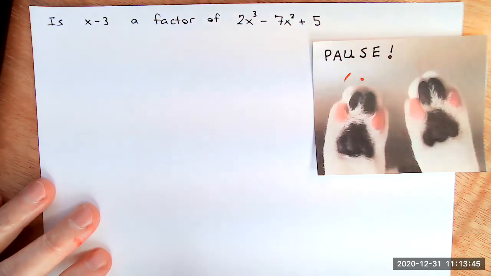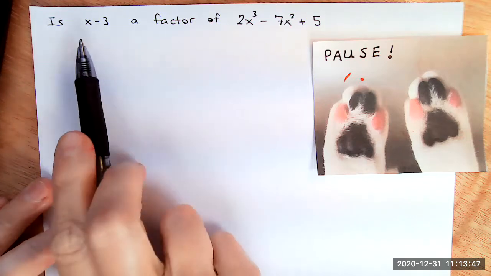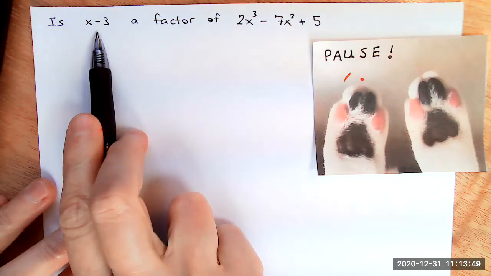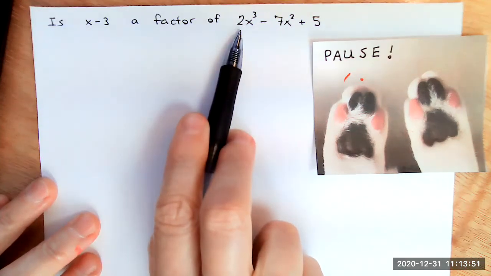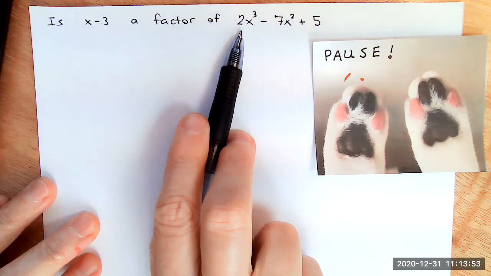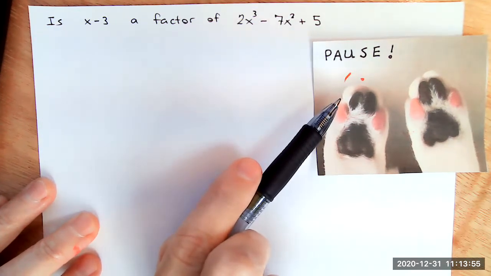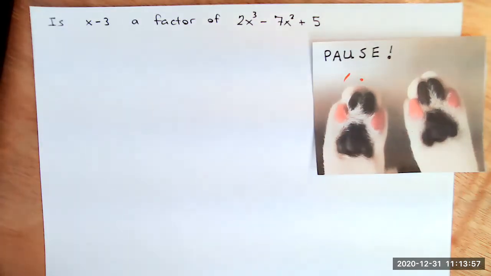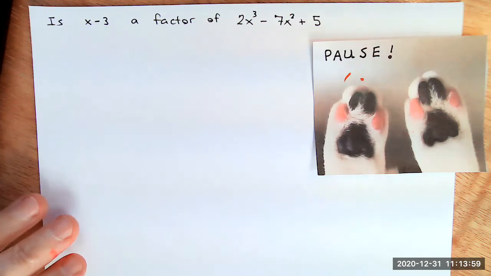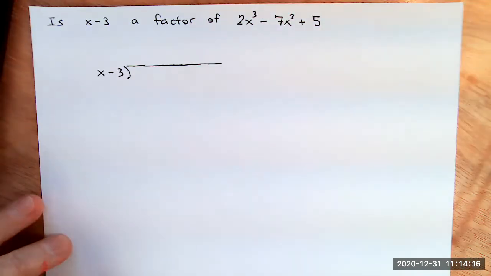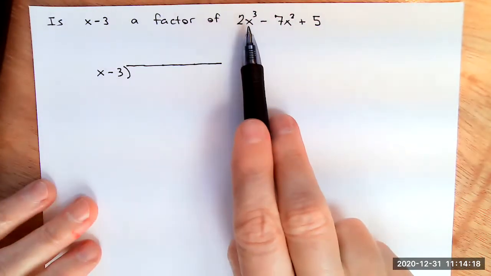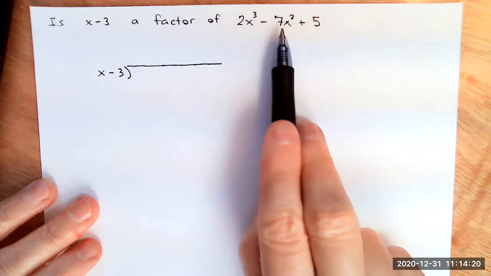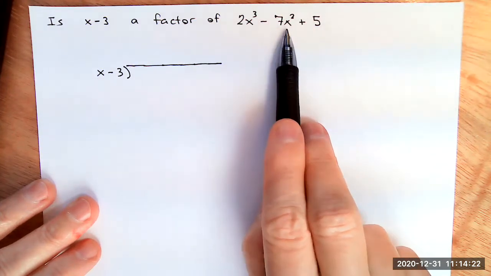All right, so we can use long division to answer this question. Is x minus 3 a factor of 2x cubed minus 7x squared plus 5? And if I were you, I would hit the pause button and try this one on your own. All right, so when we're writing this polynomial, do we need any placeholders?